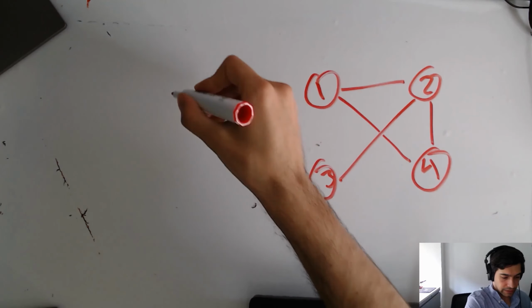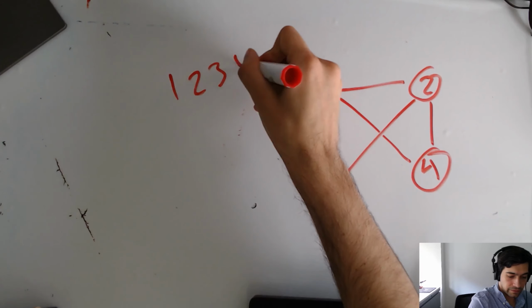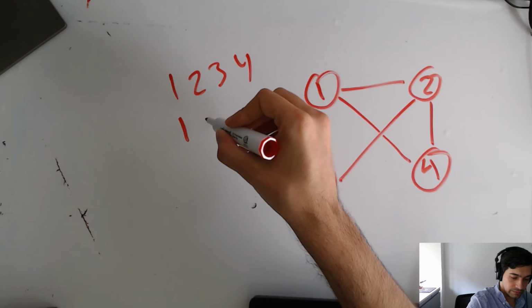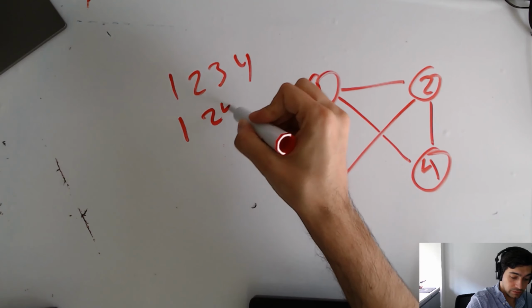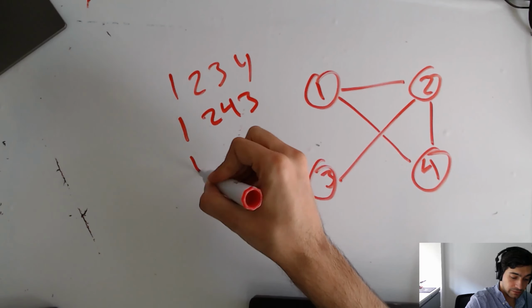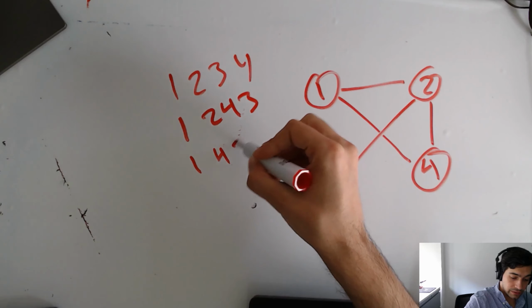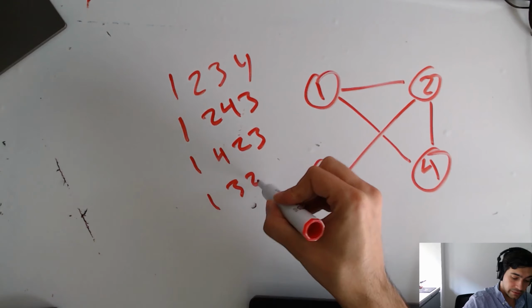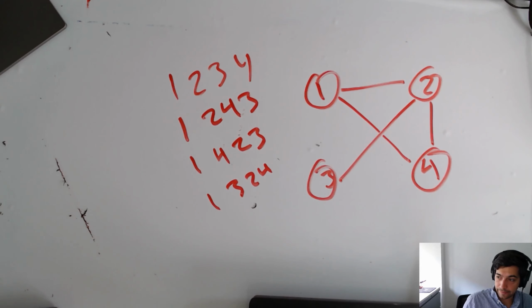Right? So we could have 1, 2, 3, 4. We could have 1, 2, 4, 3. We could have 1, 4, 2, 3. We could have 1, 3, 2, 4, etc. Okay.